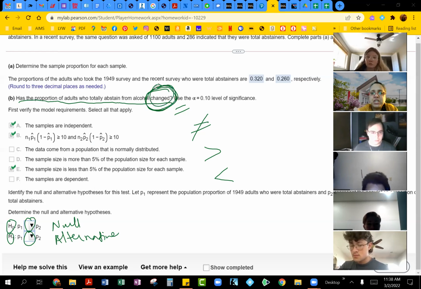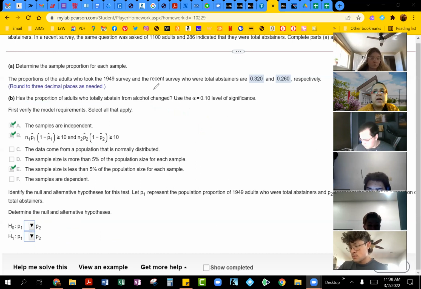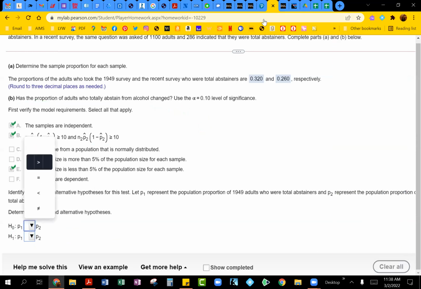But when they're just saying changed, change means it could go up, it can go down or whatever, right? They're not being specific. So that's why you use the equal to and not equal to symbols over here. Very nice, Cody. So with null hypotheses, we would say, well, the proportion hasn't changed and it's the same. So that's the equal to. And then the alternative is where we would say, hey, maybe it has changed. So those are the two symbols we're going with.